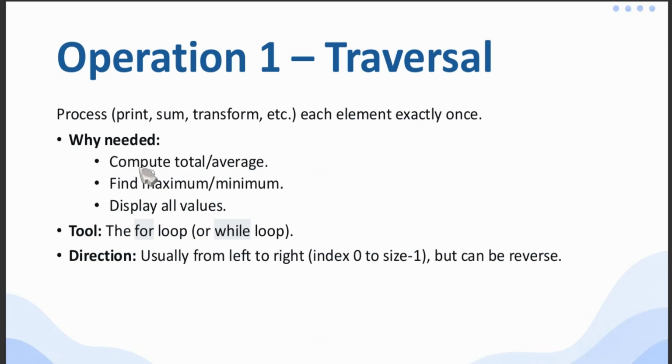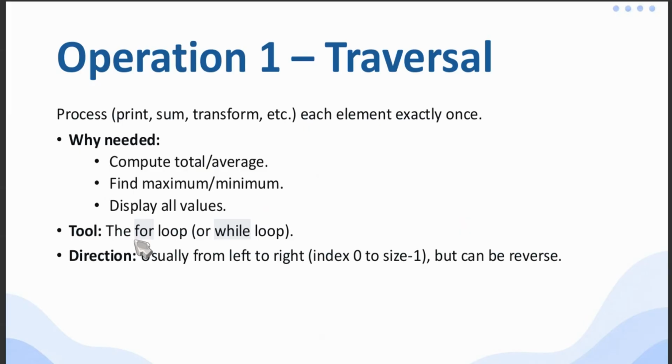To compute the total or average of all elements, or find the maximum and minimum values, or display all the values to a user, or apply a function to every element, like adding 5 to each score. We need traversal.